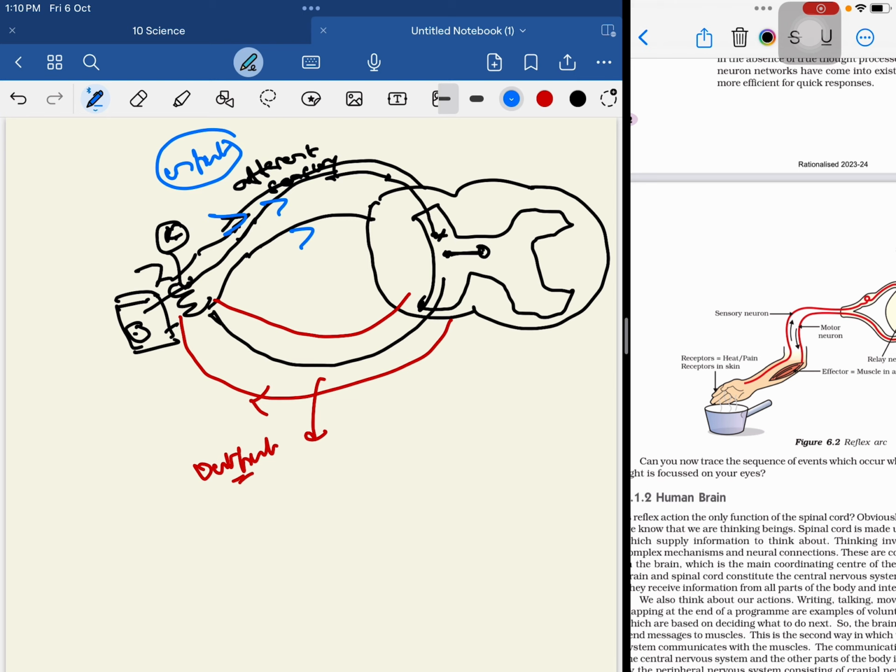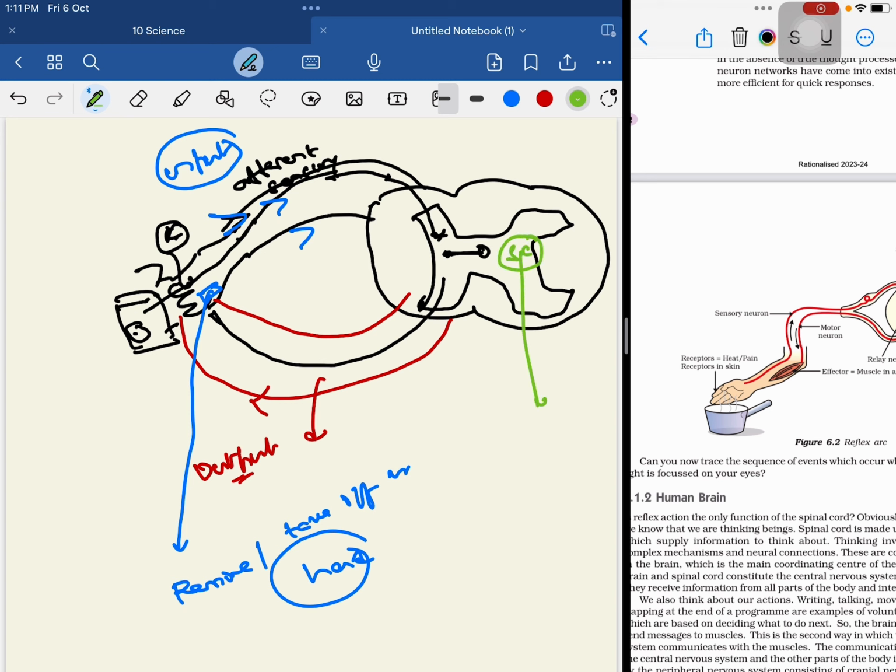So the output goes and supplies the muscle present in the hand. It will immediately just remove or take off your hand. So this is under the control of the spinal cord.